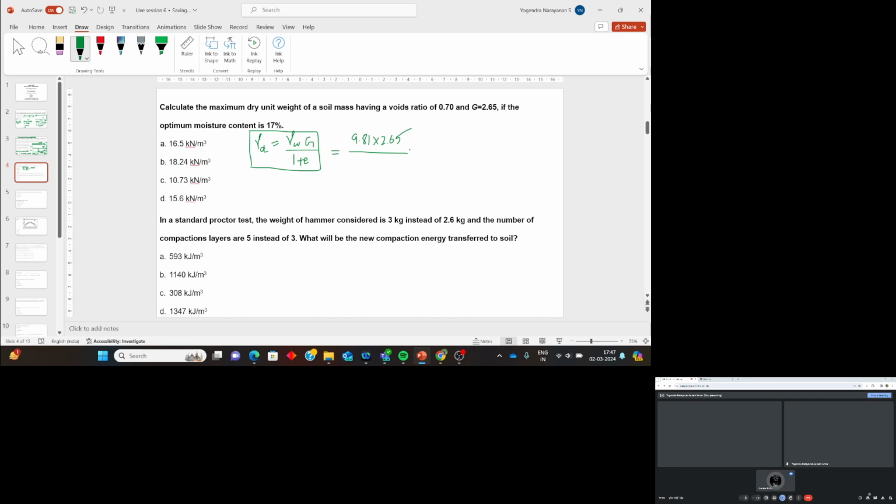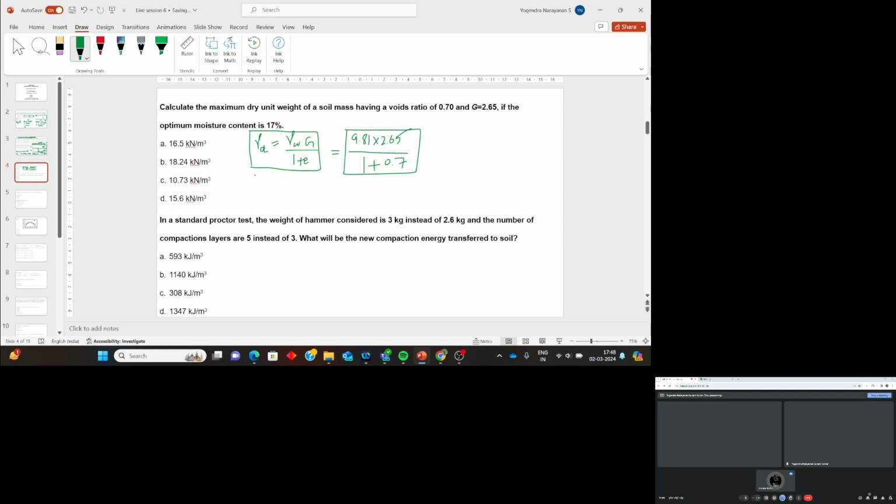So the void ratio is... how much are you getting? Option D, 15.3.